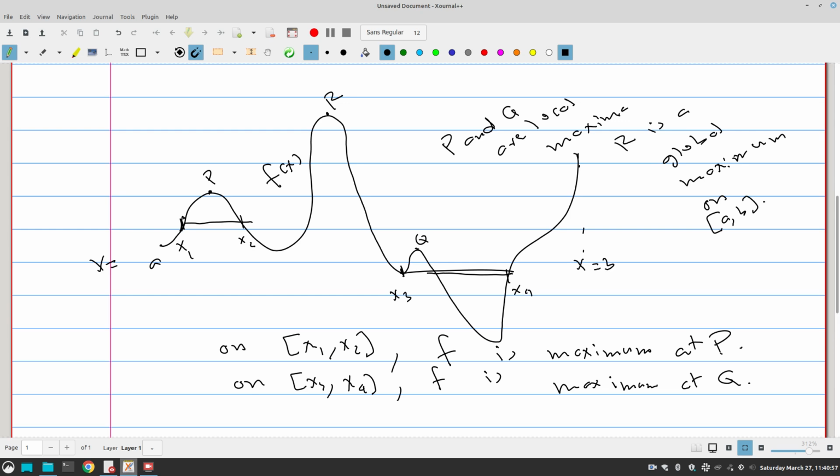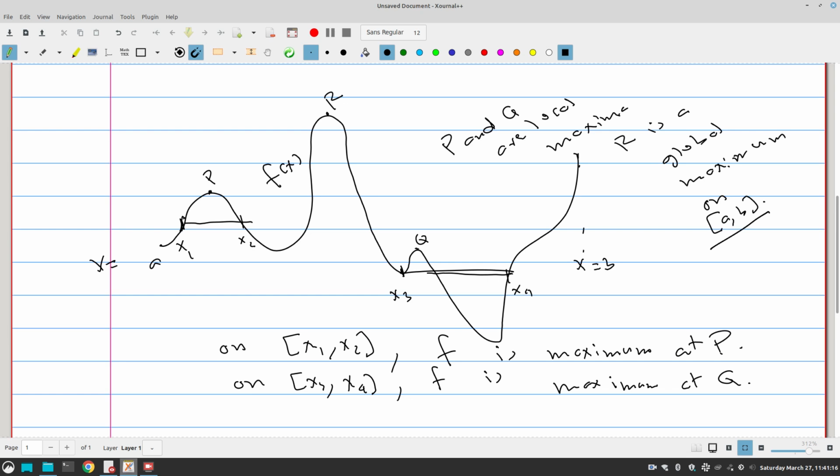Notice what's going on here. P and Q are the highest points in certain localized subsets of the domain of the function.